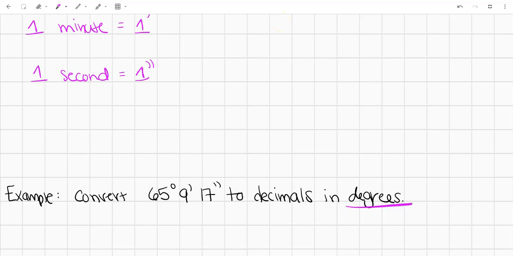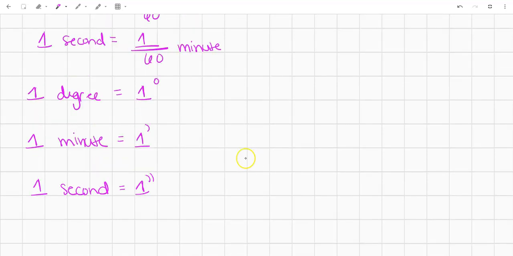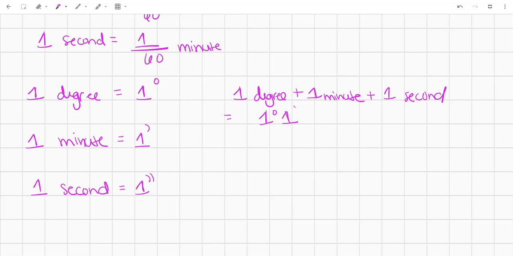Typically, going back up here, if you have 1 degree plus 1 minute plus 1 second, you would basically just push them all together as 1 degree, 1 minute, 1 second. Okay. So this is how we typically write degrees, minutes, and seconds.